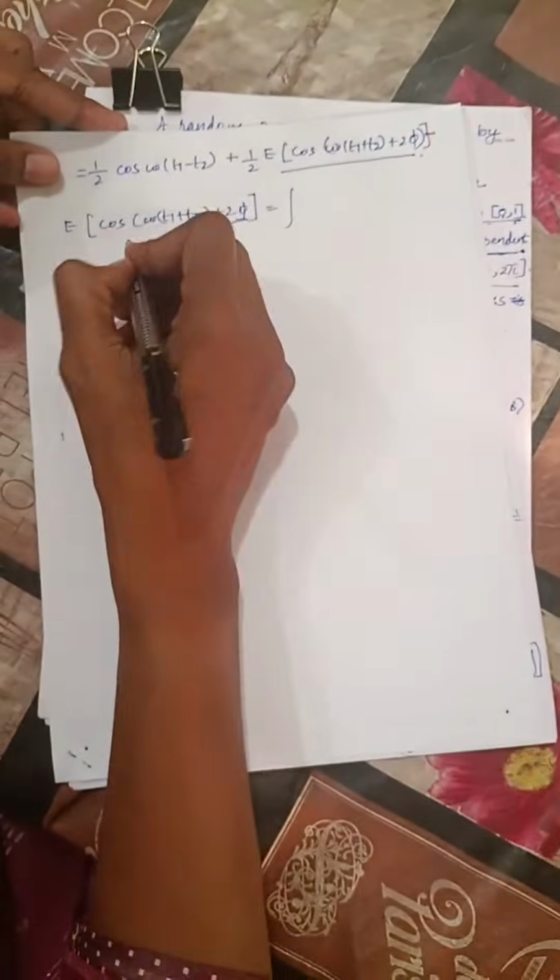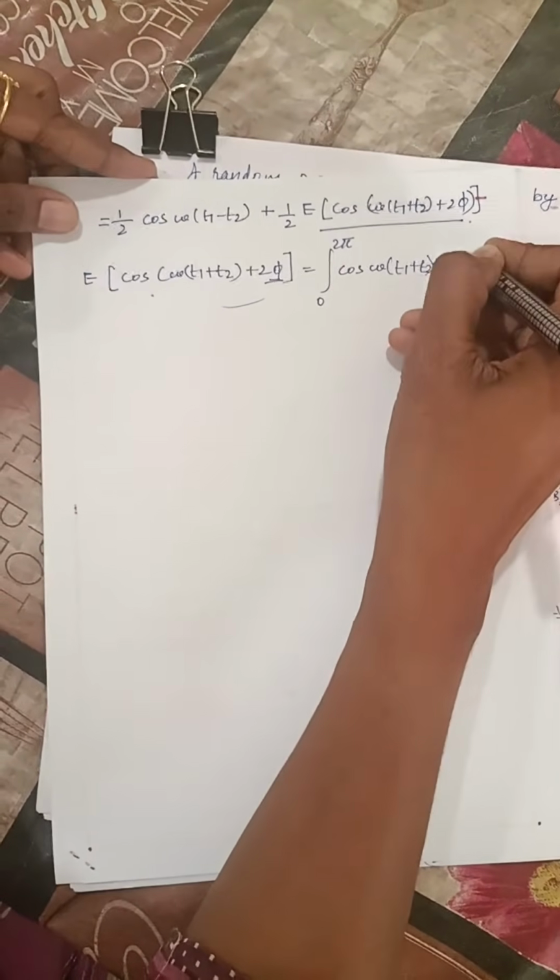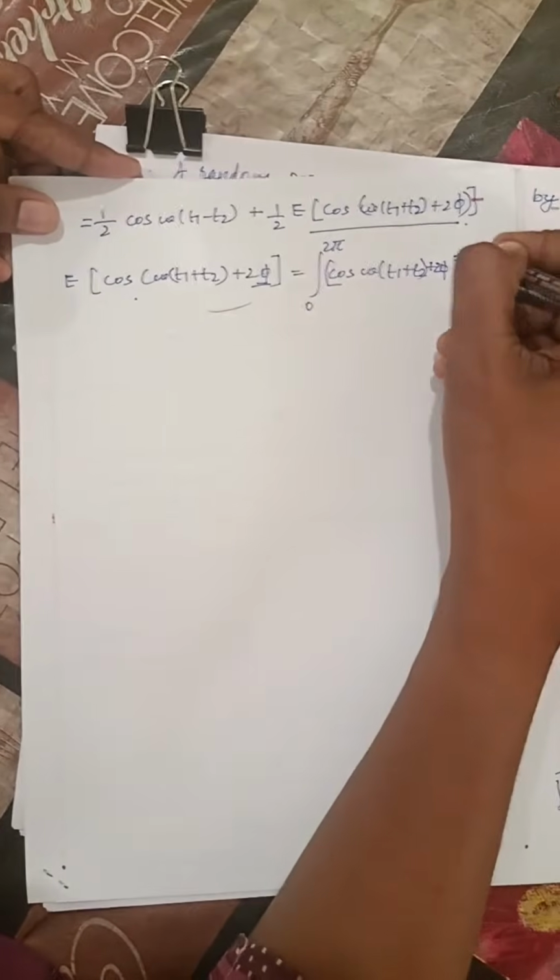So this is the integral from 0 to 2 pi of cos omega t1 plus t2 plus 2 phi into f of phi d phi.